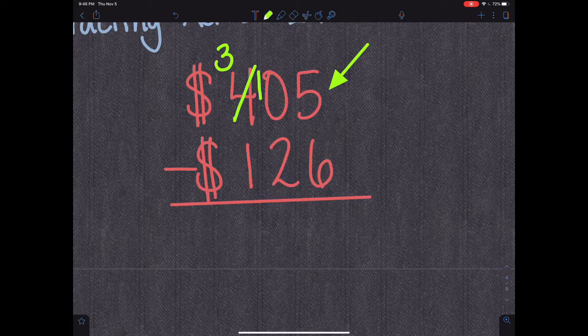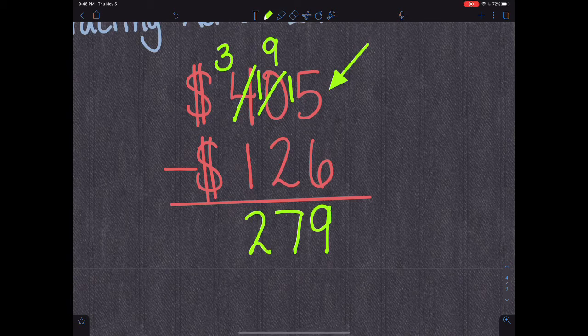So I'm going to cross out this 10 and make it a 9 and put a 1 here so that we borrow. Okay? So now we can do 15 minus 6, and we get a 9. 9 minus 2, and we get a 7. And then in the hundreds place, 3 minus 1, and we get a 2.